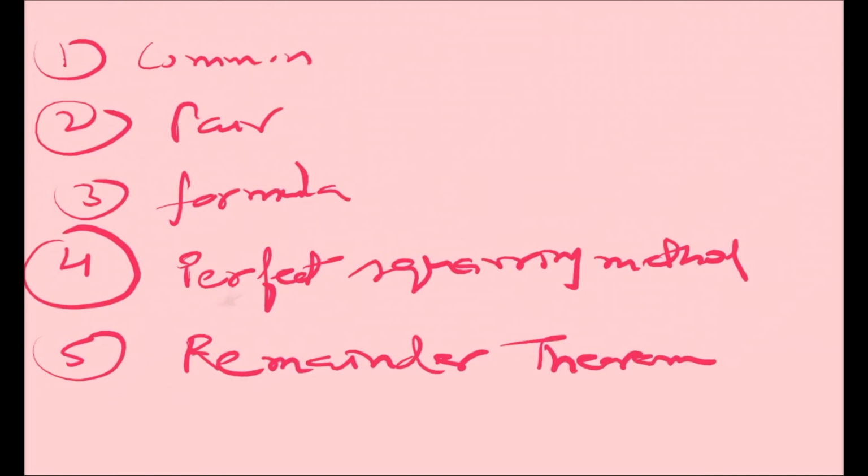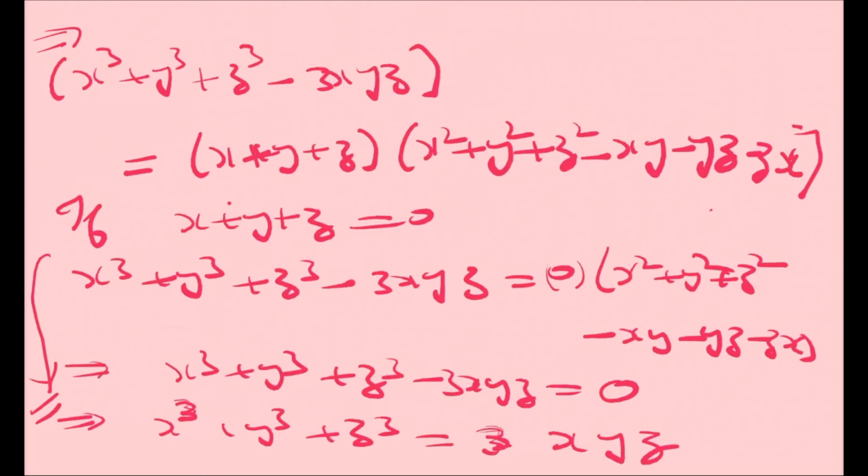So student, to find the factors, we use the common method already described, pair method already described, formula I have explained, and perfect squaring method and remainder method. Let us start from the starting, so we can show you all this again.